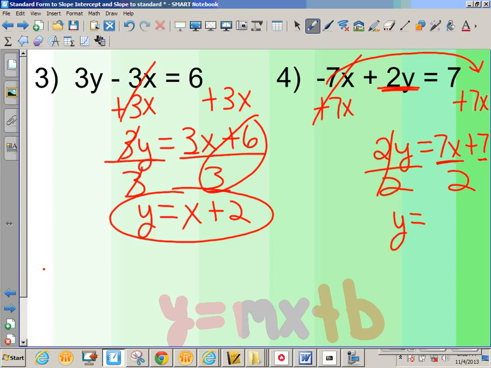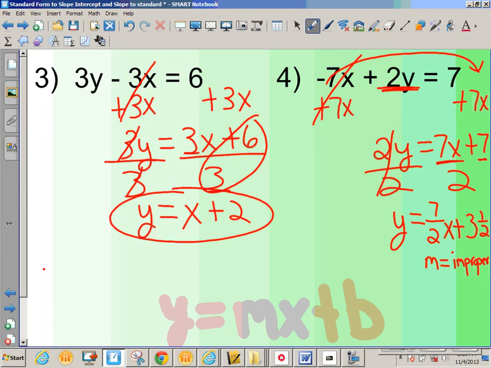And this is a really good example of when to leave a value in improper fraction form and when to turn it into a mixed number. And here's my advice. When we're talking about m, it can be improper. When I'm graphing, which is what we're moving towards, I would rather go up 7 and over 2 than up 3.5 and over 1.